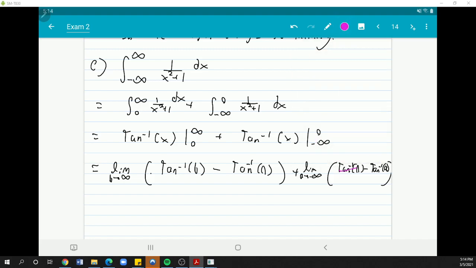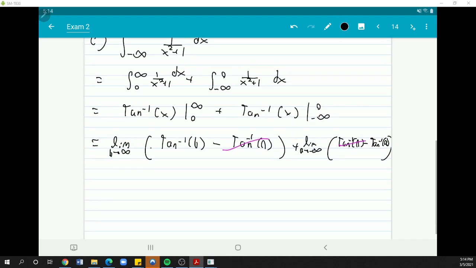So these tan inverses of zero don't depend on the limit, so they can cancel. As b goes to infinity, tan inverse of b goes to pi over 2. That's a fact that we know. And then tan inverse of a as a goes to minus infinity gives minus pi over 2, so we end up with pi. And so that's our final answer there.